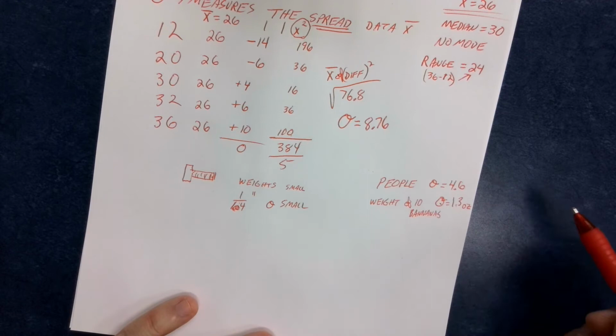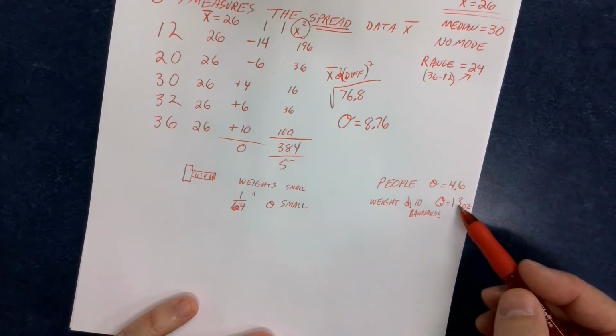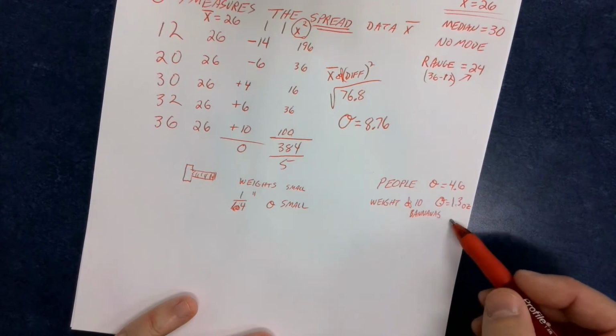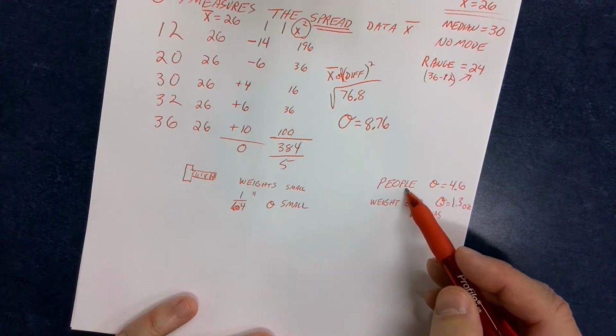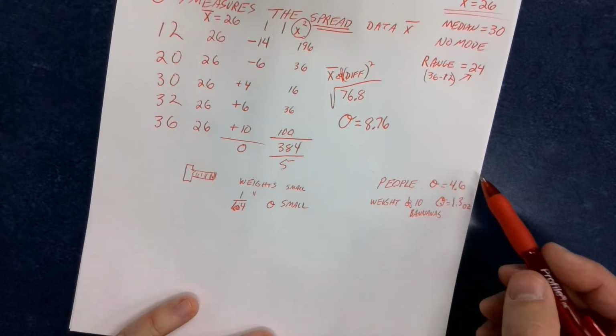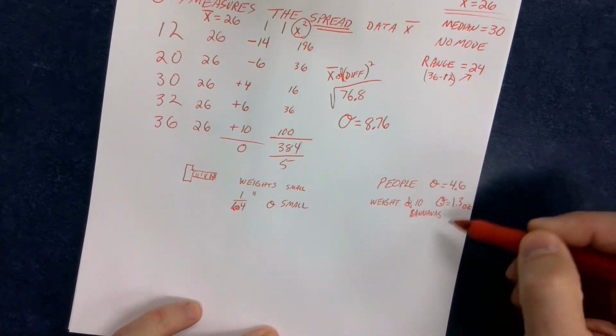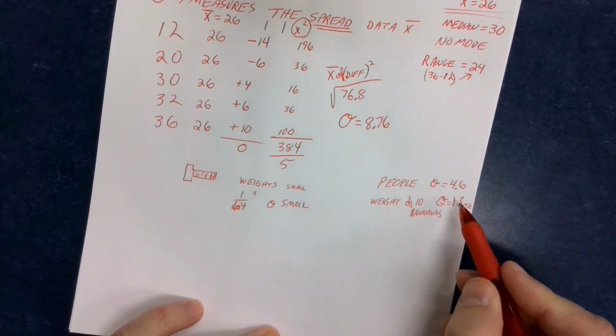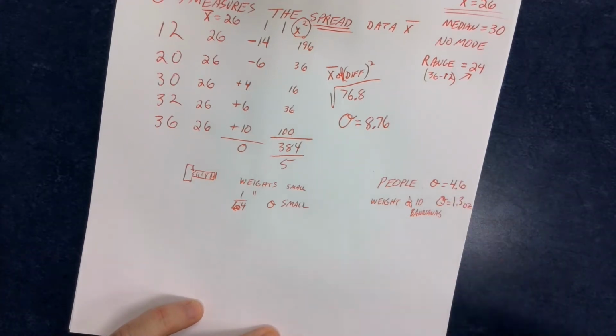Well, just because this 4.6 is a bigger number than this 1.3, it doesn't mean that the standard deviation is more spread out. In terms of ounces, most ounces for bananas are probably going to be between like 5 and 13, where ages of people in a room could be between 0 and maybe all the way up to 100. So we really have to look at the spread in the types of numbers before we look at whether or not this standard deviation is better than this standard deviation.